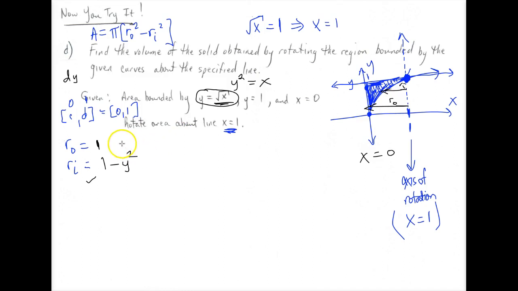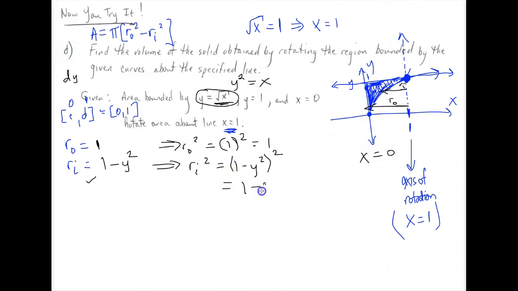So now that we know what our outer and inner radius is, of course, r sub 0 squared is just going to be 1. And our inner radius squared is going to be 1 minus y squared, which will just be 1 minus 2y squared plus y raised to the 4. Okay?